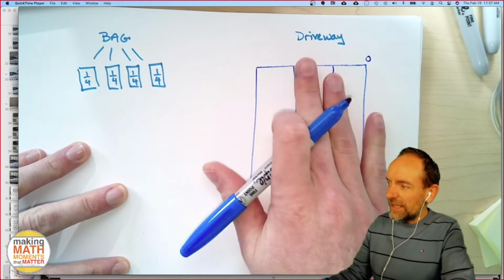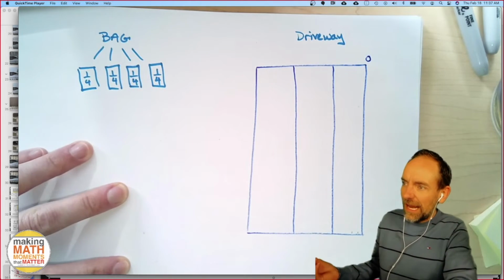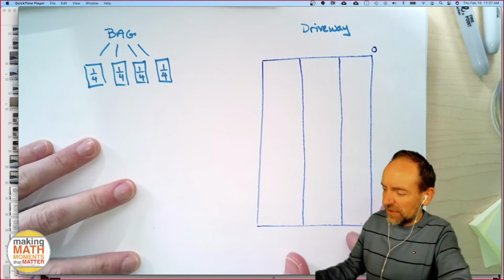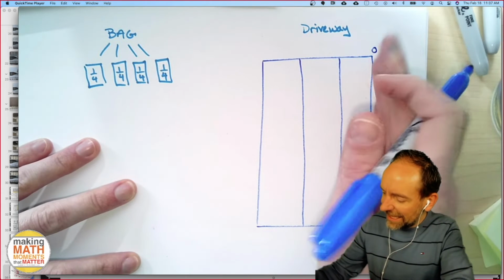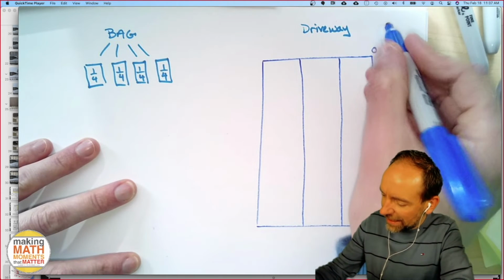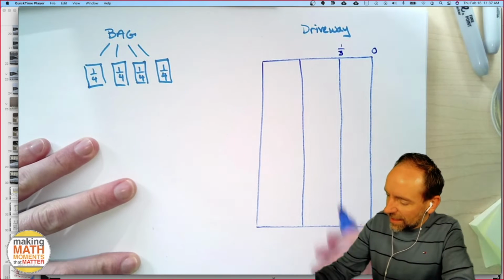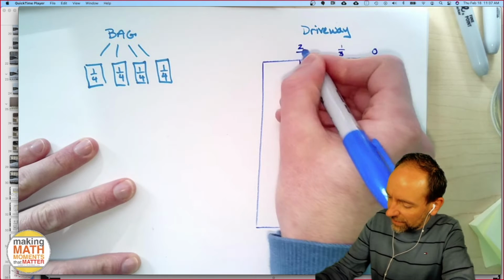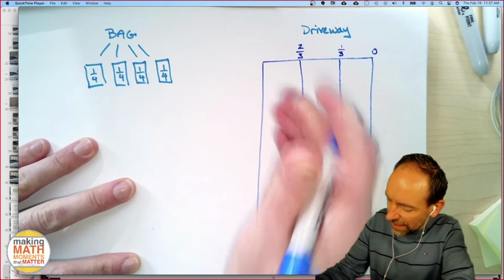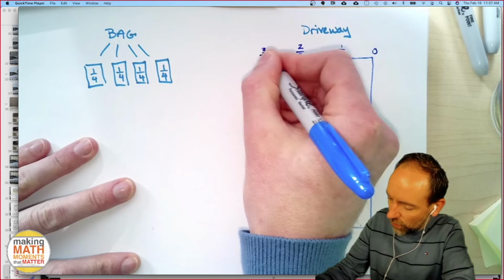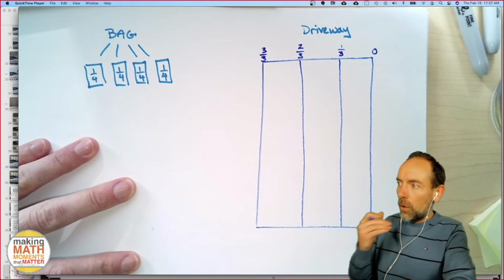I know we usually start from left to right, but that's not the way life works sometimes. As I did the driveway, I got 1/3 done. Notice this is the 3rd mark. Here I've got 2/3. And then here I've got 3/3, or some would just call that the whole driveway.